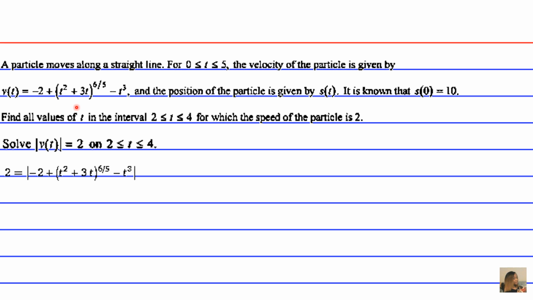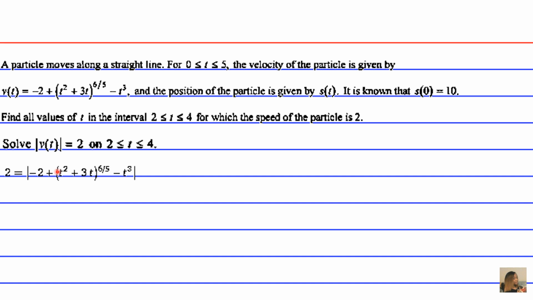What you're simply going to do is input this into the graphing function on your calculator, setting 2 equal to the absolute value of v(t). Don't solve for the absolute value of 2. It's not the same function. It's similar, but not exactly the same, okay?